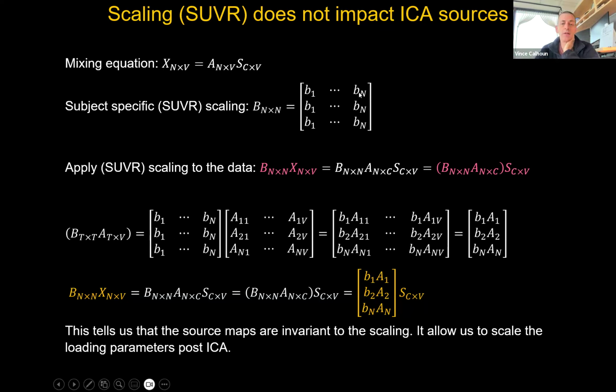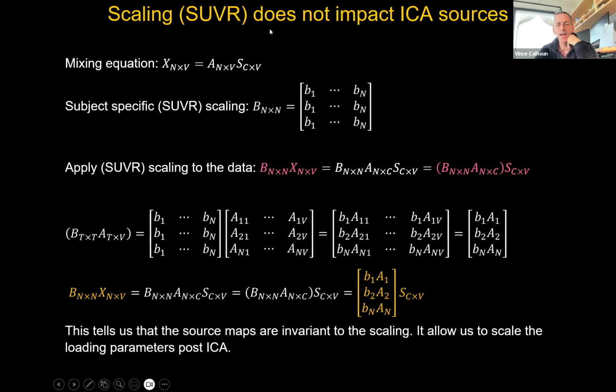So that would be a single subject scaling parameter that would be applied to all of the voxels in that image. And so that's matrix B here, which we just multiply by X to apply that scaling.